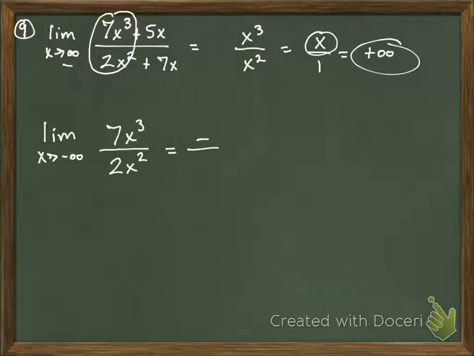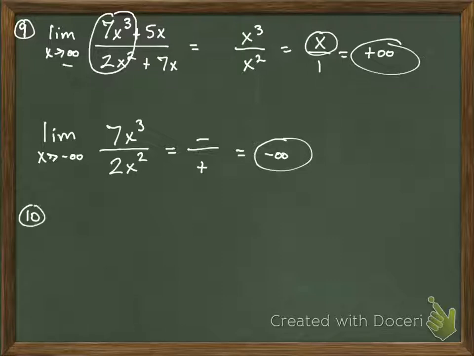Wouldn't this be negative on top and a positive on the bottom? Negative, really, really big number plugging in. All right? Because negative times a negative to the q power, it's a negative. So this one would go to negative infinity. So it just depends on what I'm approaching and sometimes the signs of the stuff.